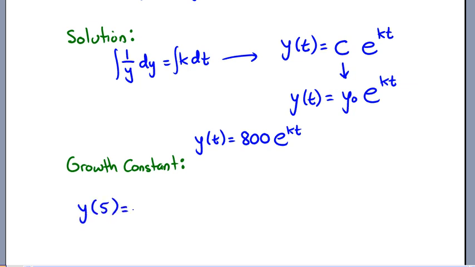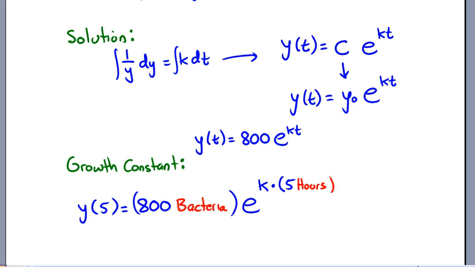I'm going to put 5 in, and it's 800, the initial amount. The units for that are bacteria. And then that gets multiplied by e to some k that we're trying to figure out, and then it's kt, right? Well, this is at 5 hours. Okay, well, let's put that in. We've got 5, and I'll throw the units in here too, hours. That needs to work out to be, because they said so, 12,000 bacteria.